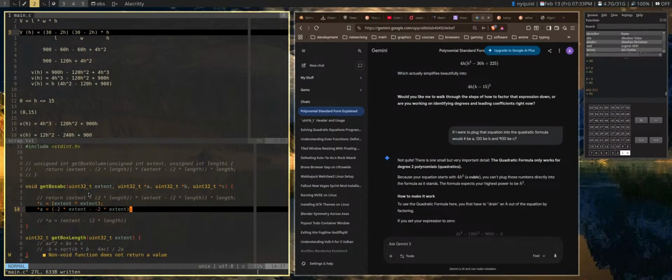Okay, I think I'm getting somewhere. Wait, that would be B, actually. This would be C. This would be B. And if I'm doing minus, I really should be doing a plus here, actually.